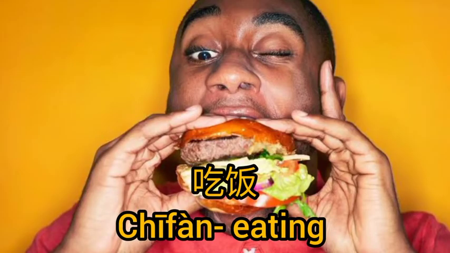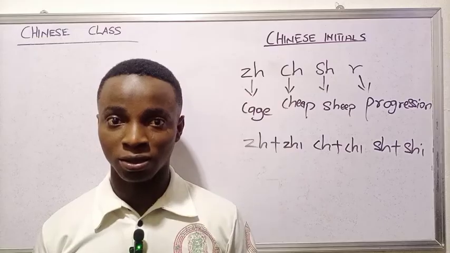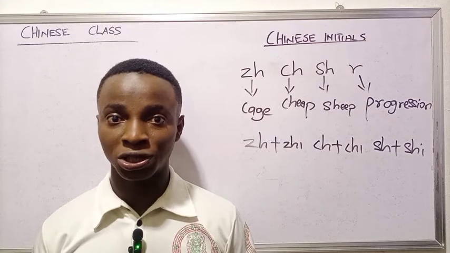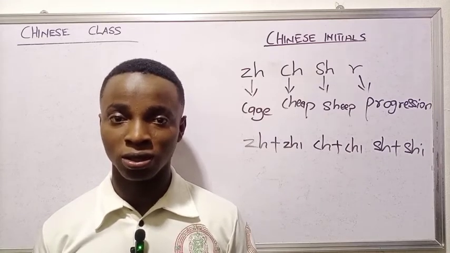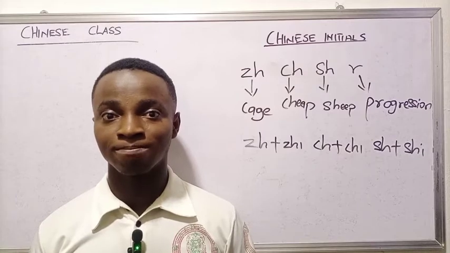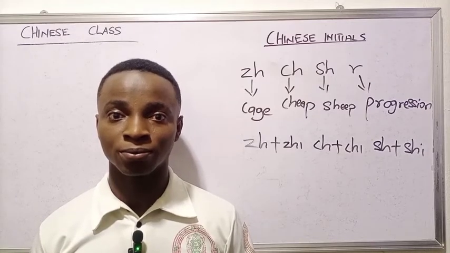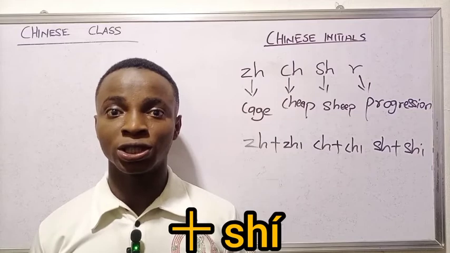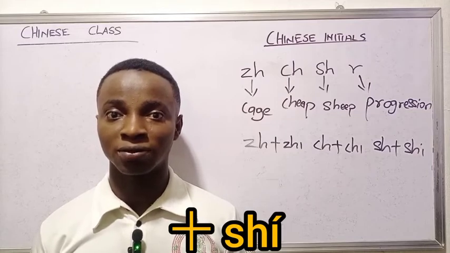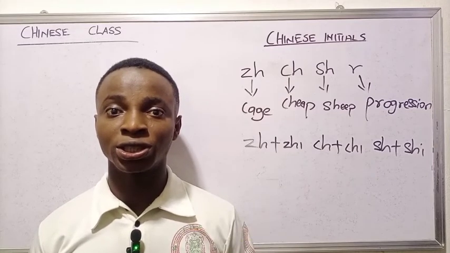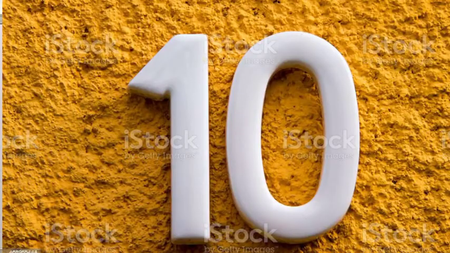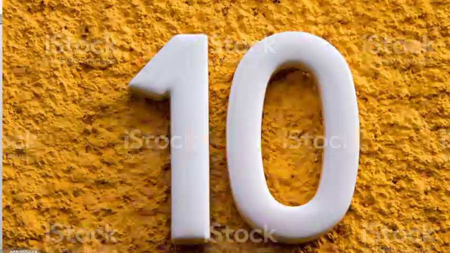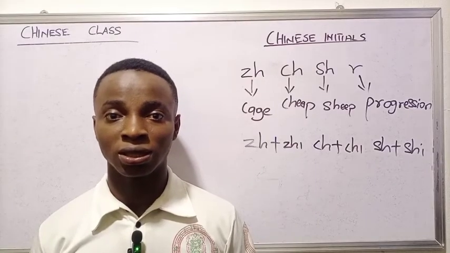So I can say 吃饭, to eat food. 吃 means to eat. 饭 means food. Then let's move to the next word. 十. Repeat after me. 十. It means 10. In Chinese, 10 is called 十.